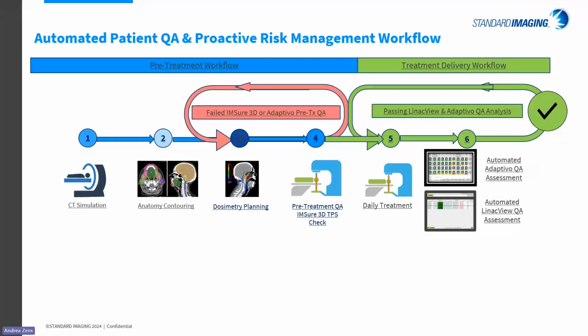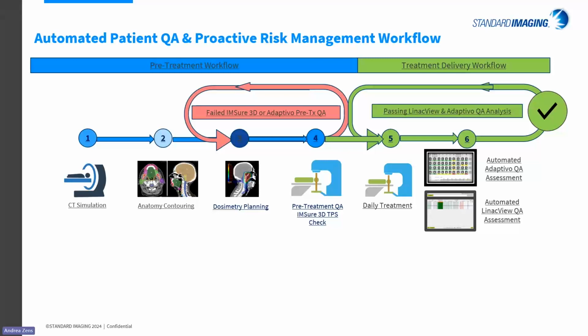Adaptivo uses the portal imager for daily exit image tracking. It monitors beam delivery and patient position. The measured portal is compared to a predicted exit image. The measured portal is also compared to a reference portal image. Signed gamma analysis results are provided with automatic notification if deviation is detected.